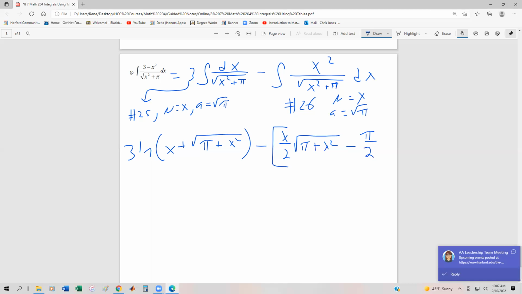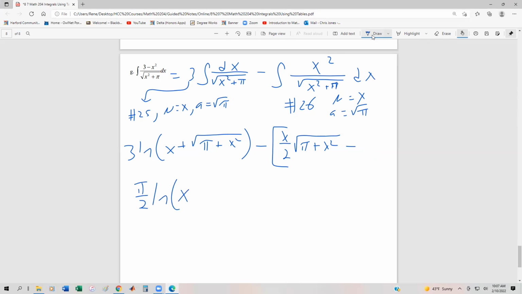And in fact, I'm just going to write that on the next line. It's way too long for us to try to write by itself. So just continuation: minus pi over 2 times the natural log of x plus the square root of pi plus x squared. And then we have a plus c after that.